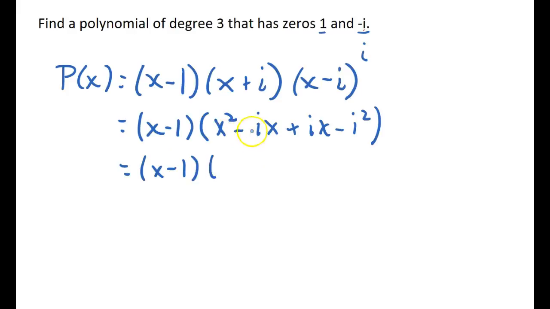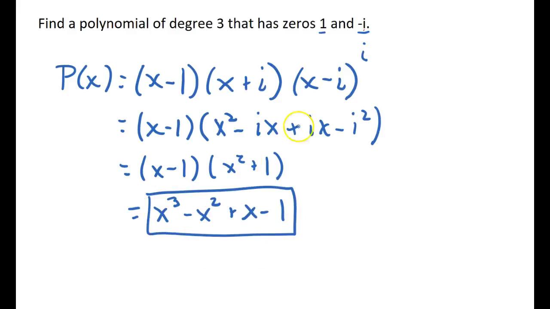So this is x squared minus negative 1, which is x squared plus 1. And then finally I can multiply that out, and I'm going to get x cubed minus x squared plus x minus 1. And that is a polynomial that has zeros 1, negative i, and positive i, and it's degree 3.